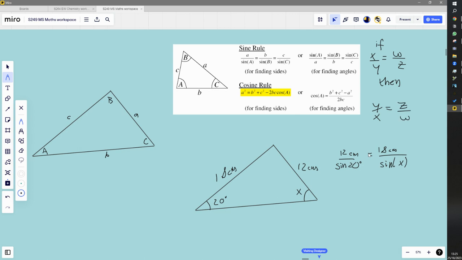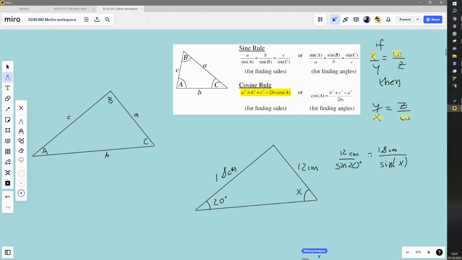This is just a mathematical rule which can be quite easily proven, but for now we're just going to take it as read. I've taken the tops and just flipped them, haven't I? So that's why if this is true, then this is true.